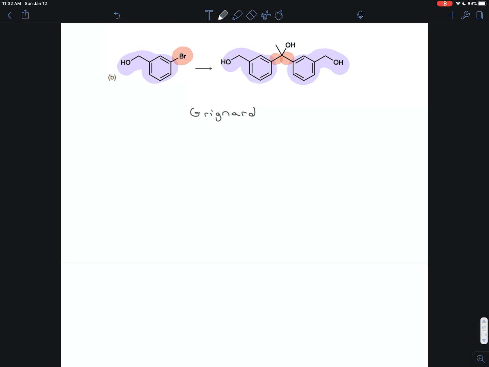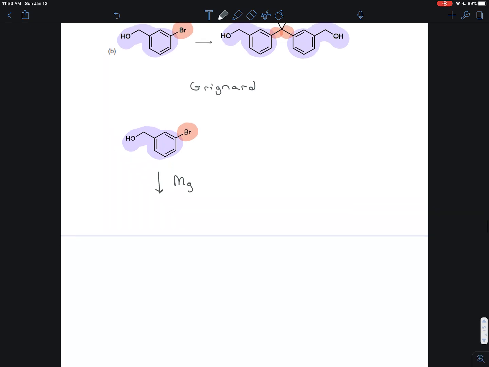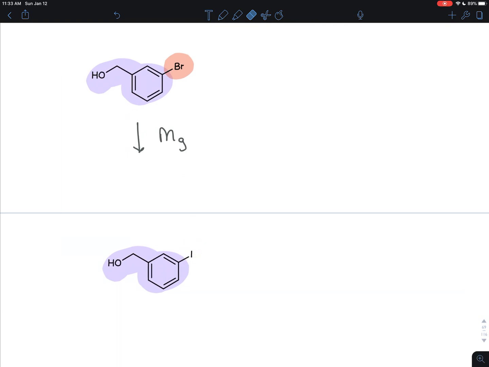Okay. Even if you had no idea where to start here, you could see that you have a bromine here, and you might be tempted to just turn that into a Grignard reagent. So take that, dunk some solid magnesium strips or chunks into this liquid here, and the magnesium would insert itself there, and you'd have your Grignard reagent.